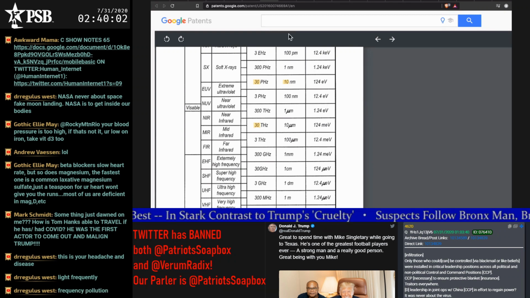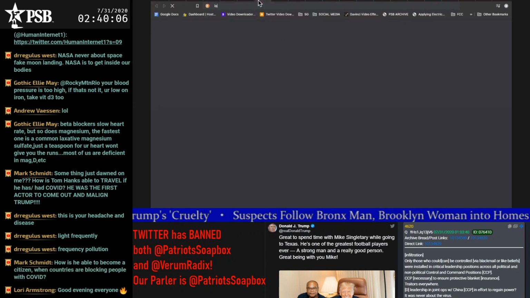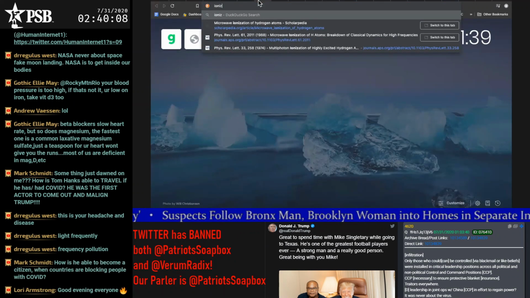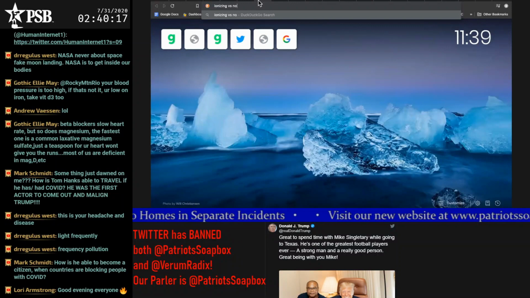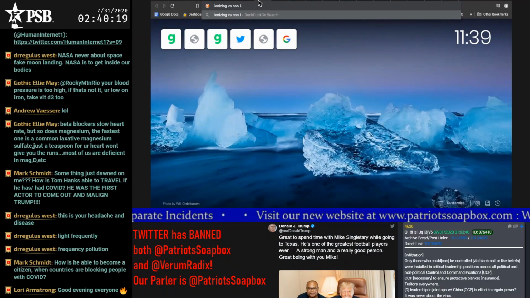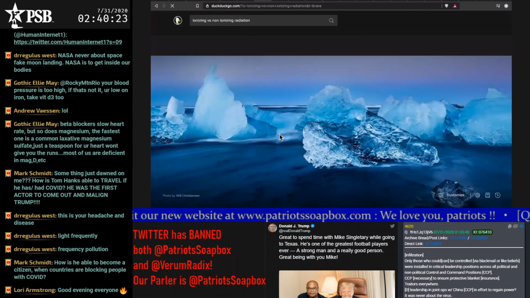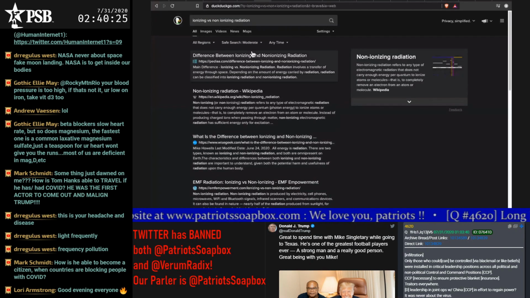And we can search this real quick just to be sure. Ionizing versus non-ionizing radiation.